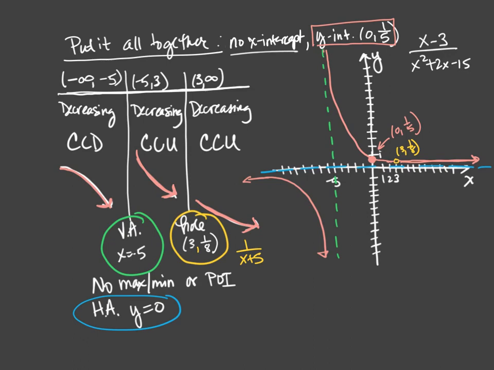And where does the hole live? The hole lives at 1 over x plus 5 when x is equal to 3, which is 1/8. So that's how I knew that the hole was at 3, 1/8. So I plotted that there, 3 comma 1/8. Also plotted my vertical asymptote, so I did all of that first.